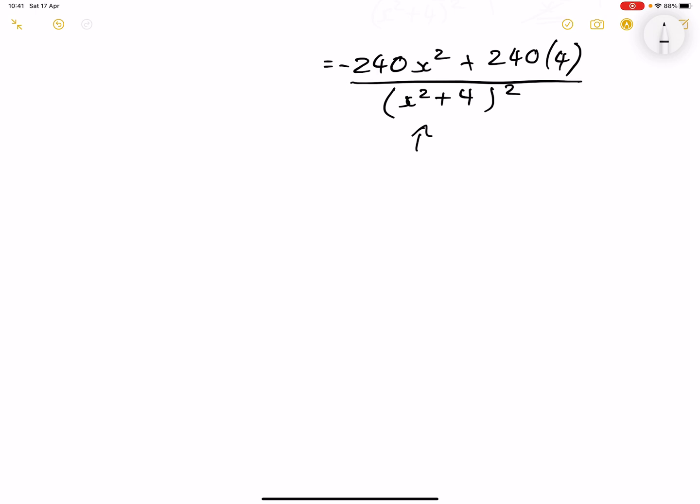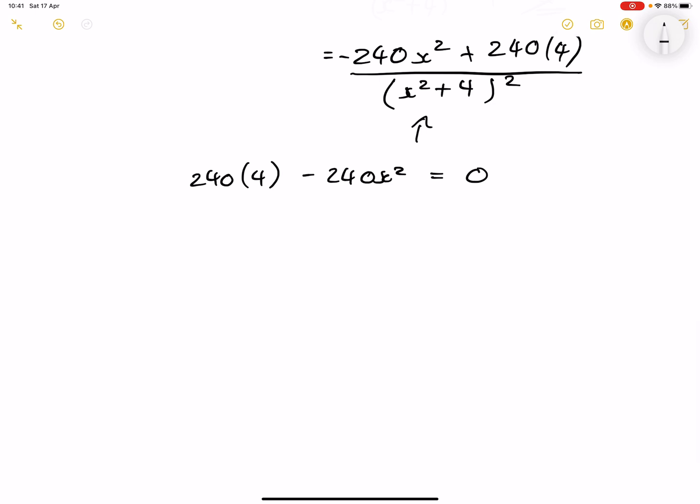So I can write this as 240 times 4. I'm not working it out because I don't need to at the moment. I will if I have to. Minus 240x squared is equal to 0.